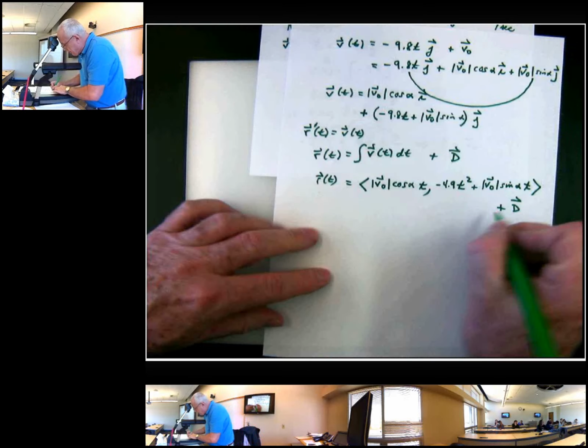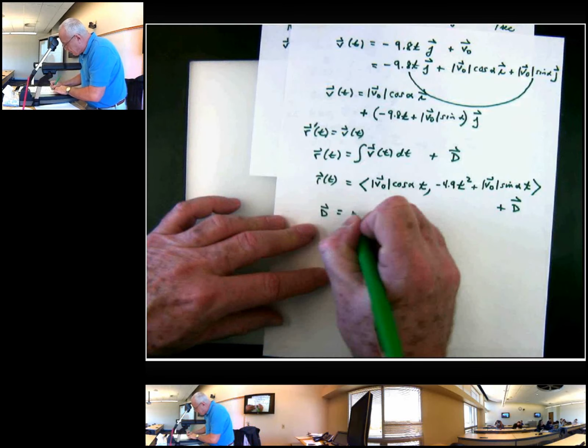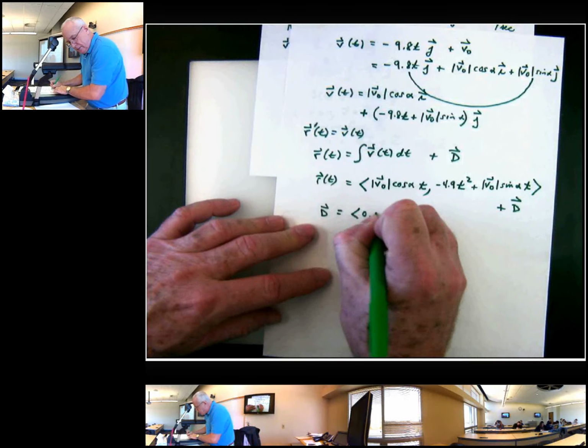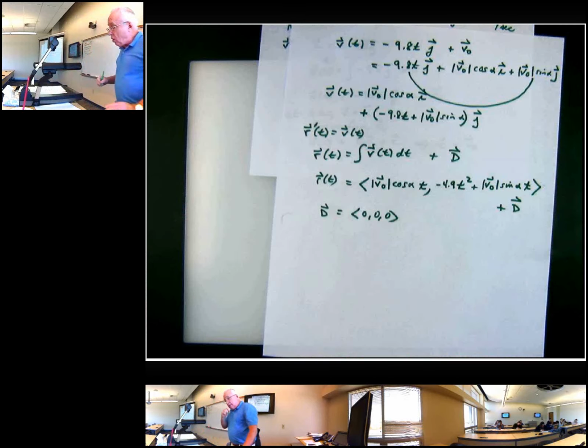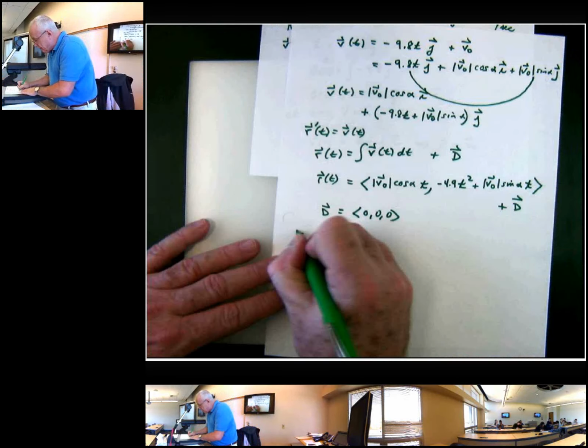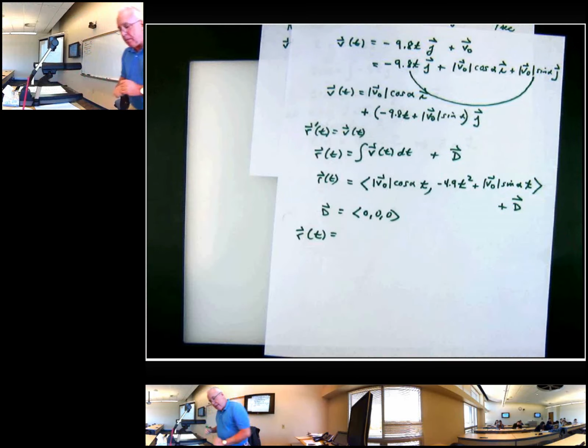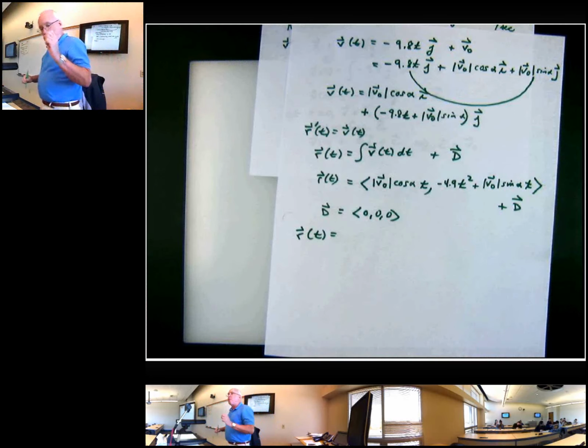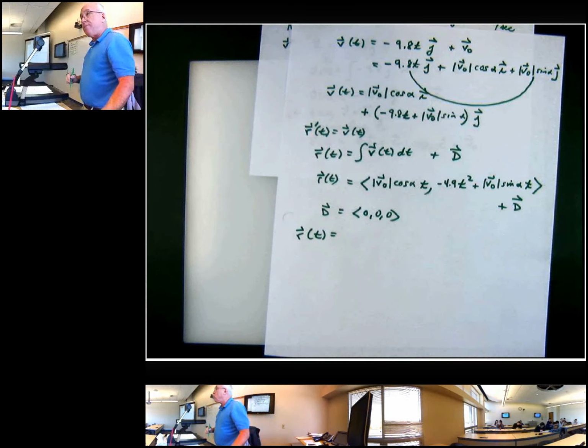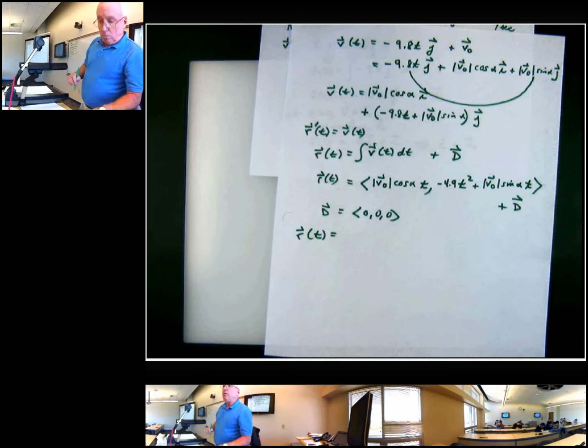What I come up with is that my d vector is just 0, 0, 0. So, when the dust settles, this is the formula that I come up with. And this is the formula you'll be using for number 25 on the homework.